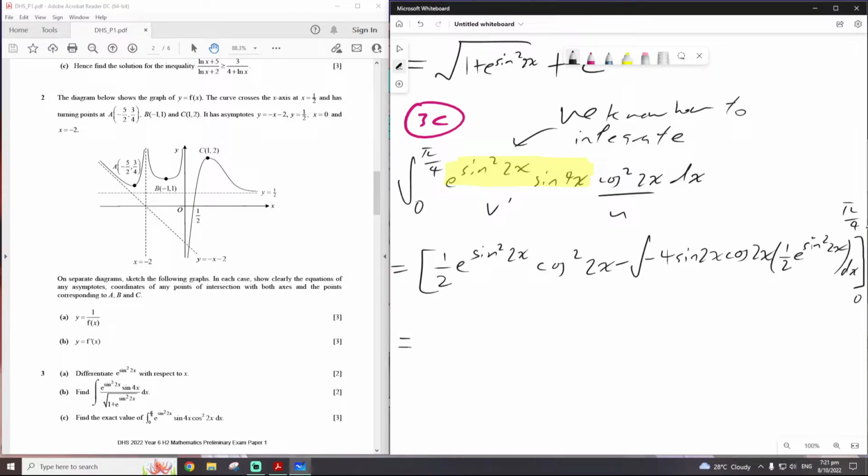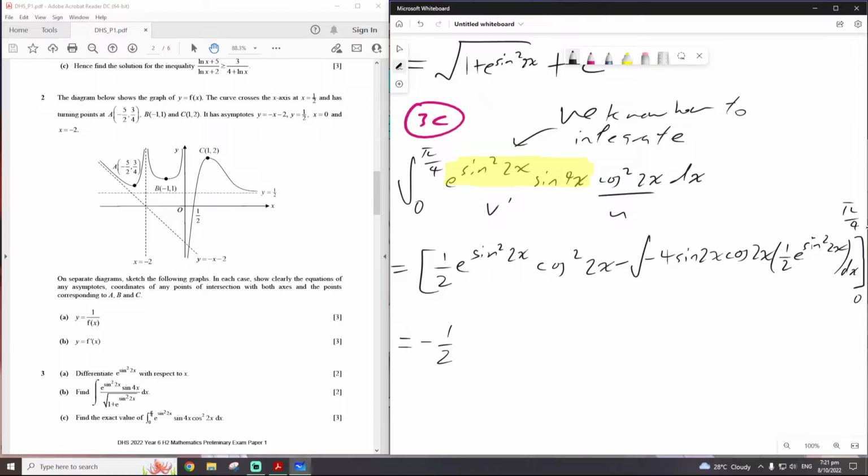Okay, and I can evaluate the left part first. If I put in pi over 4, this is just going to be 0. And if I put 0, this is going to be just half. Negative half, right? So it's negative half. And I'm going to get this integral. This is actually, if you notice, this actually simplifies to sine 4x as well.